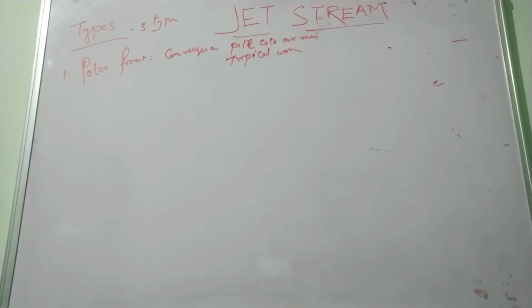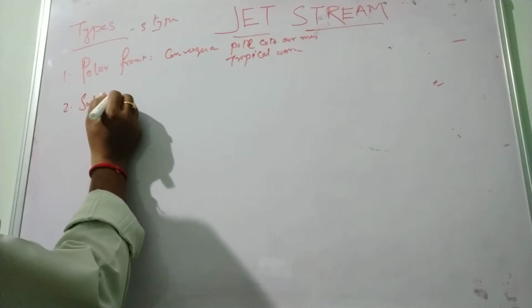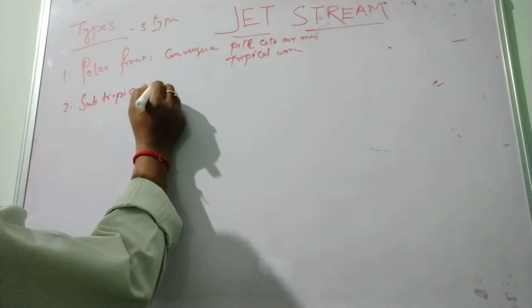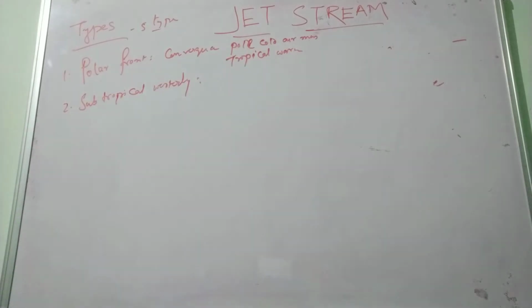They are most active at 300 millibar pressure and at 40 degree to 60 degree latitude. Next, the subtropical westerly jet stream.